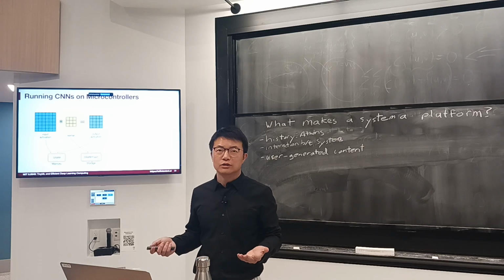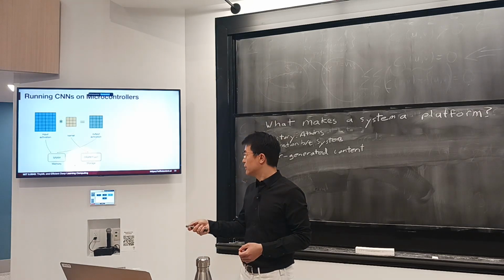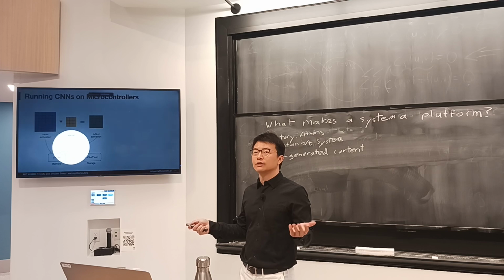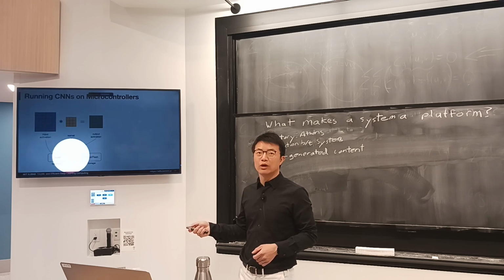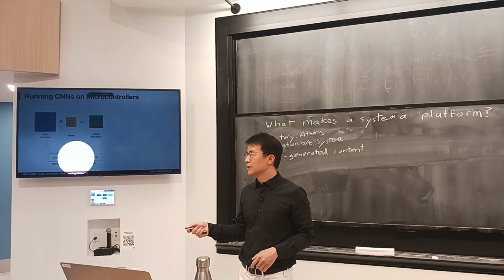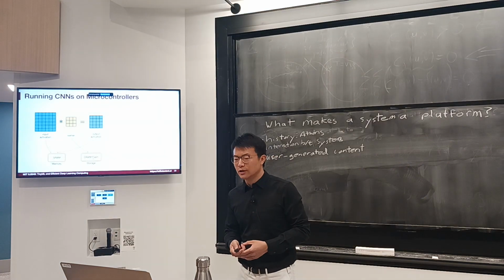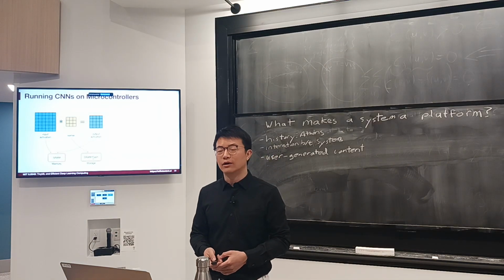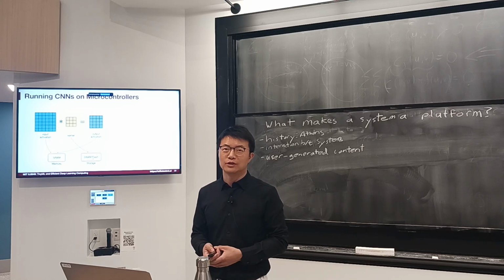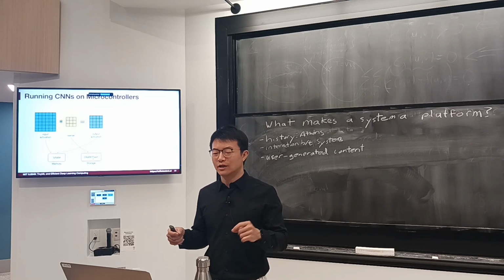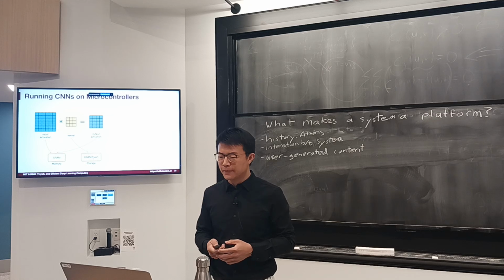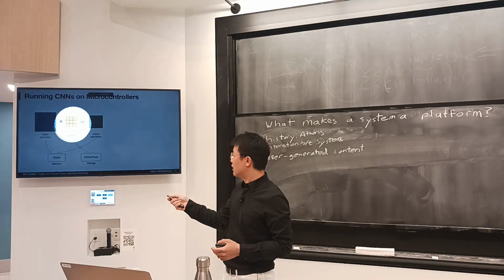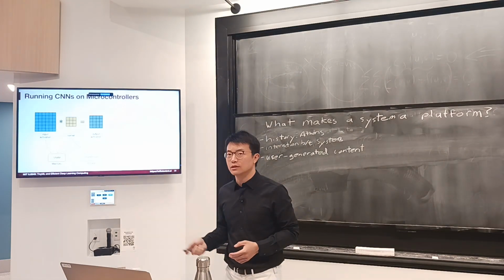And the flash, different from SRAM, can hold the data. It's not volatile. But the SRAM is volatile. If you power off the device, the data in the SRAM will be gone. You don't want the weight to be gone, so you have to store the weight in the flash.